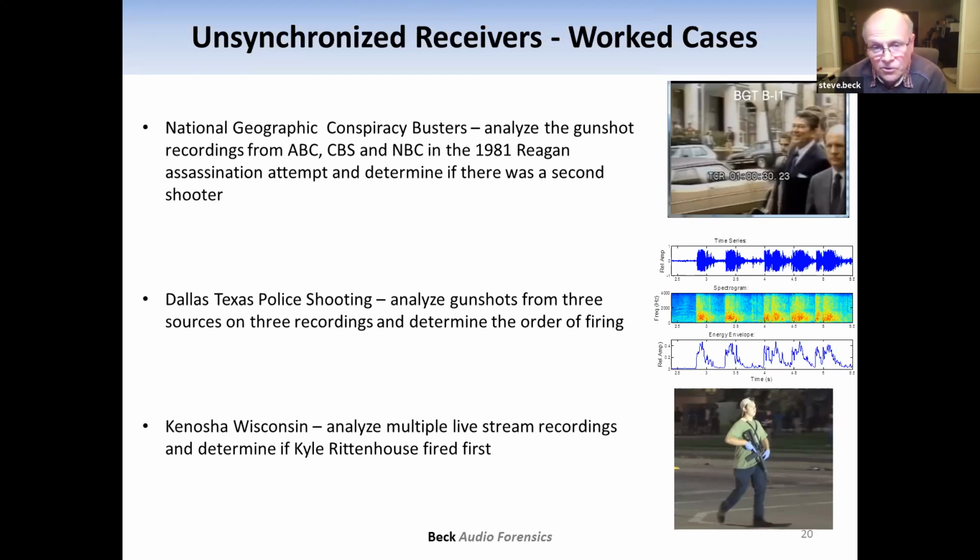And just in October, I was contacted by the Washington Post and asked to analyze multiple live stream recordings of the events surrounding the Kyle Rittenhouse shootings. And there I had to go with this technique that I'm going to talk about.